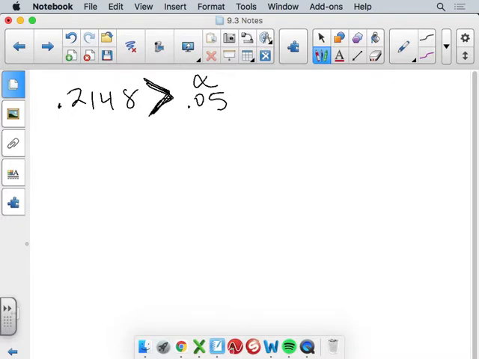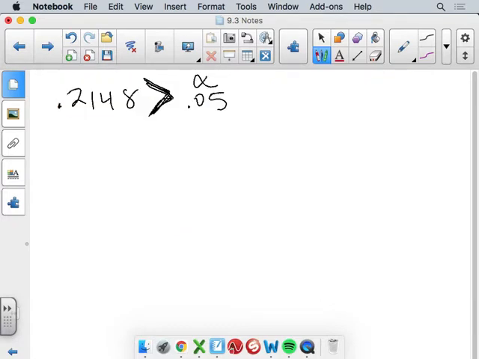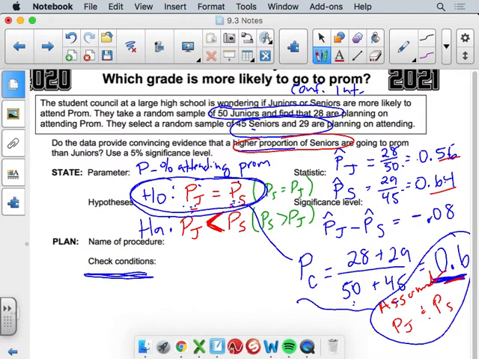That means that this value, this 0.8, was likely enough to happen just by random chance. By doing another random sample, juniors could be higher than seniors. Seniors could be higher than juniors. So because this value was likely enough to happen by chance, I don't have evidence. I have no evidence for this.